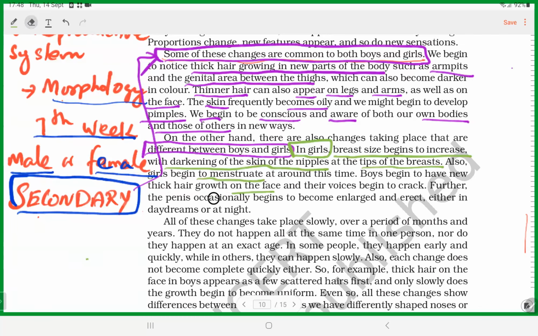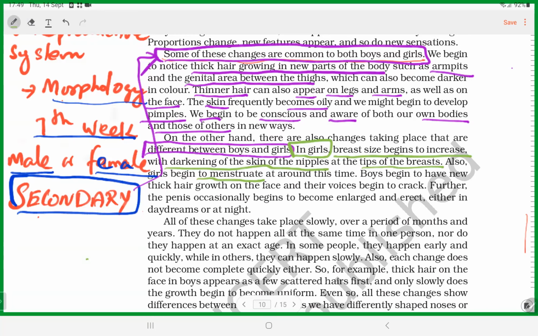Okay, what are the important things? Breast size increase, darkening of the skin of nipples at the tip of breast, and then menstruation. They are the secondary sexual characters in girls.